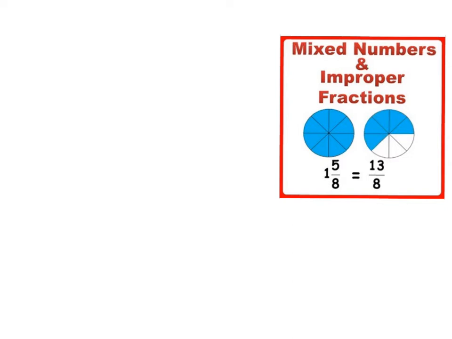In other words, if there's a mixed number, there's going to be an improper fraction that it's equal to, or vice versa. If there's an improper fraction, there is a mixed number that it's equal to. This example on the picture is showing that 1 5/8 is equal to 13/8.